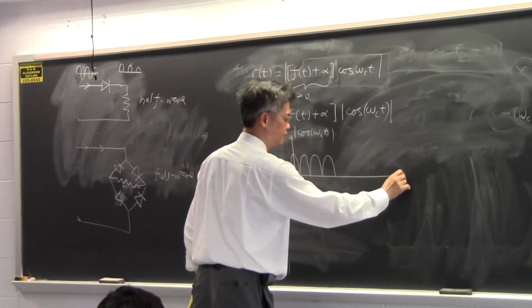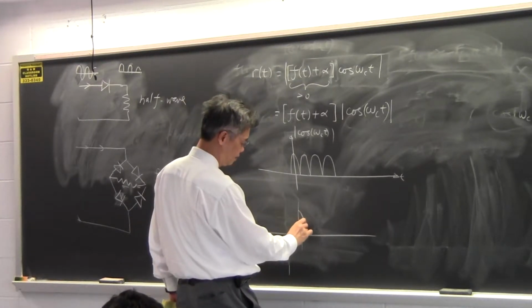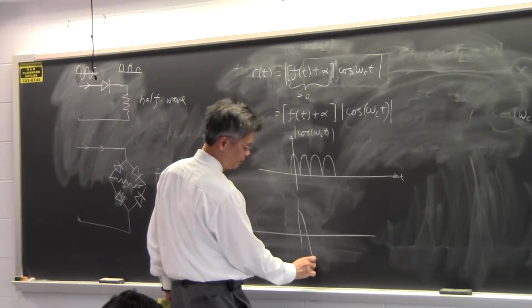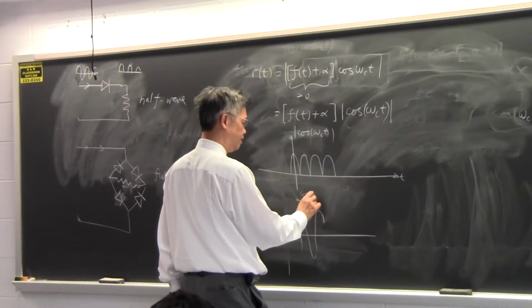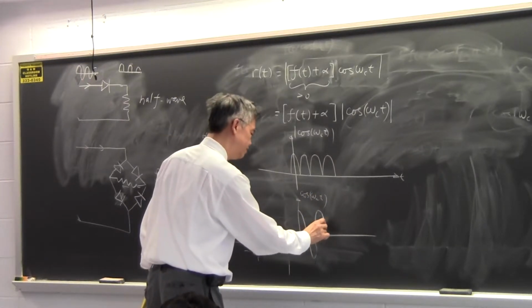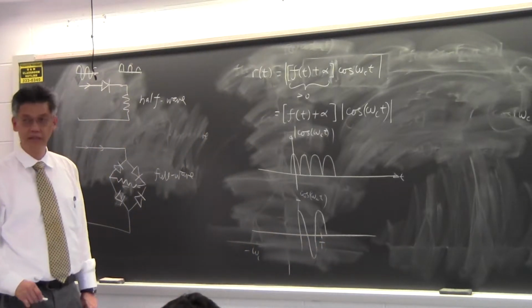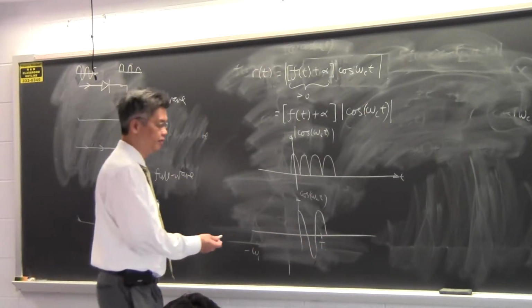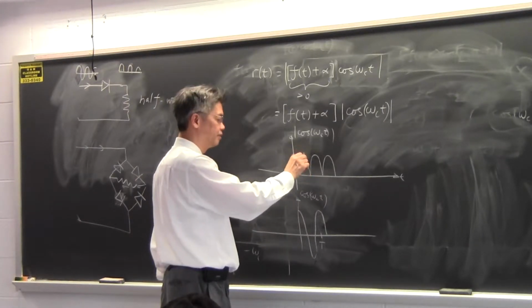And this is how it looks. It's just your cosine omega t flipped around. Every time it turns negative, I just flip it around. Okay? So if the original signal has a period of T, the carrier has a frequency or period of T, the period of this periodic signal becomes T over 2.